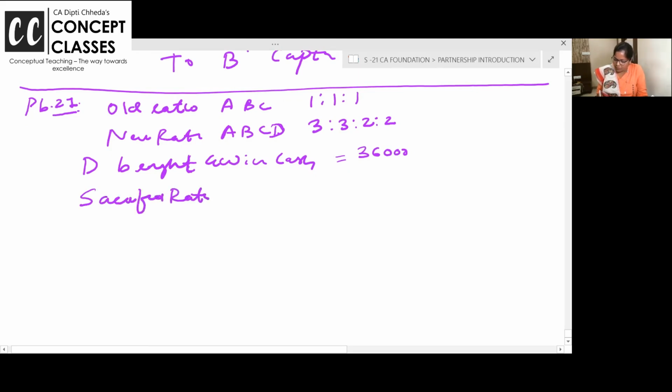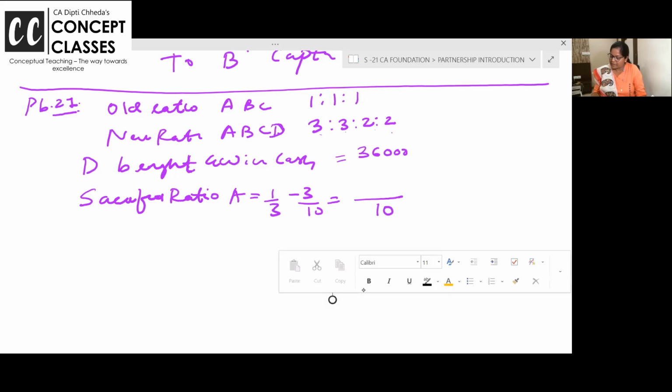Sacrificing ratio for A: 1/3 minus 3/10. 3/10 is clear to everyone? So the highest is the base, 10. 1/3 and 3/10. We cannot do 3 and 10 together, so we should take 30 then.